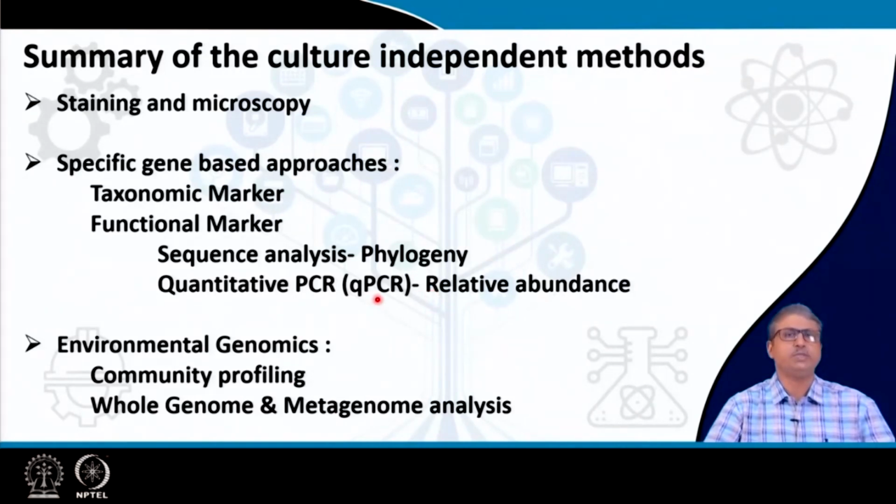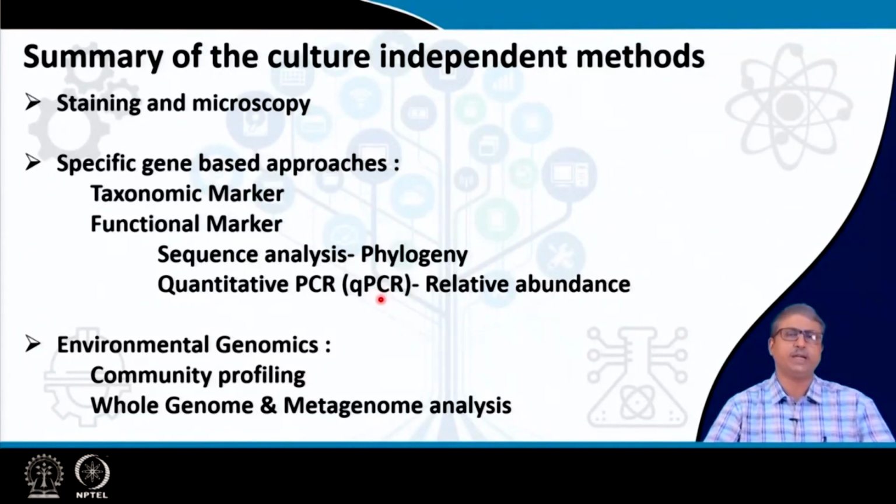This quantitative PCR based approach is very well standardized and well practiced across different environmental biotechnology settings to ascertain the relative abundance of the organism, and also to characterize the functional genes in terms of their relative abundance.